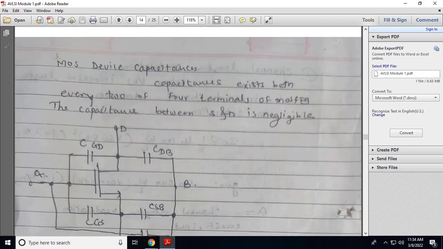Next point is MOS device capacitance. Every two terminals of a transistor have a capacitor.